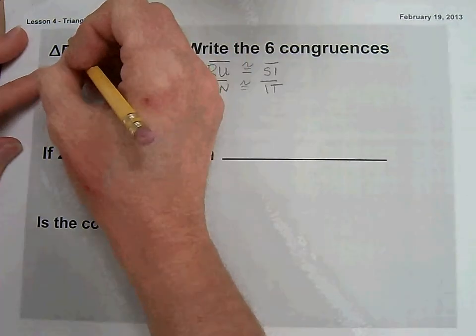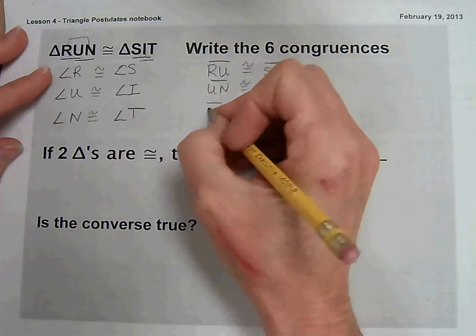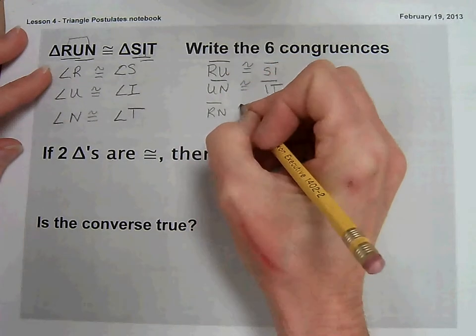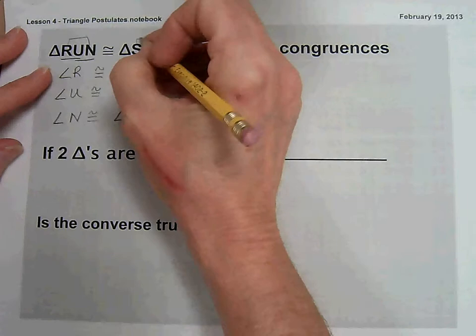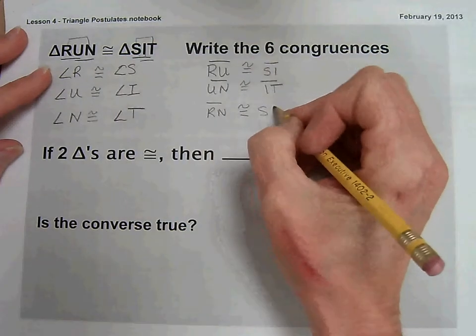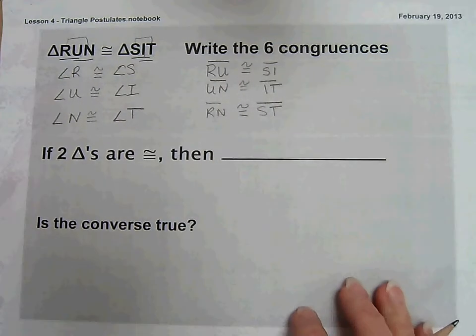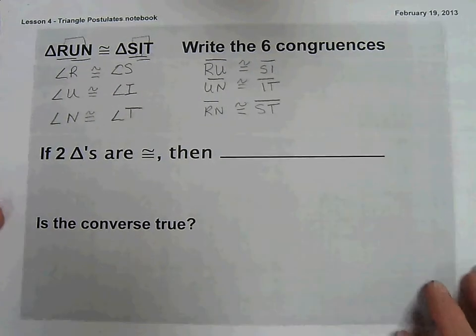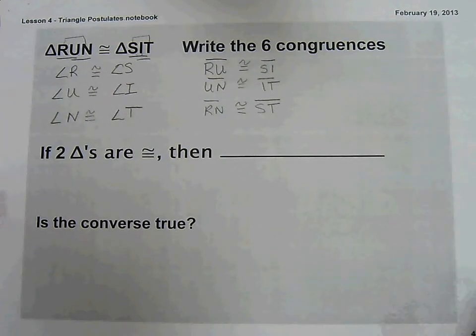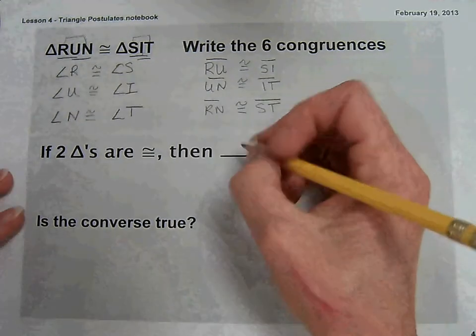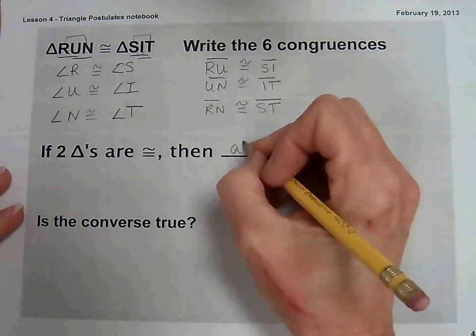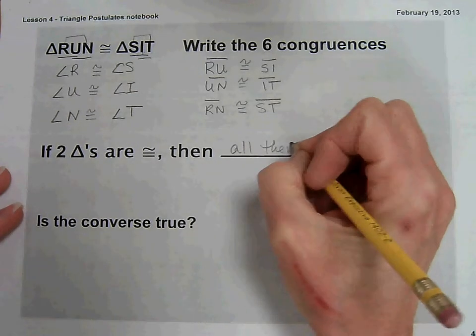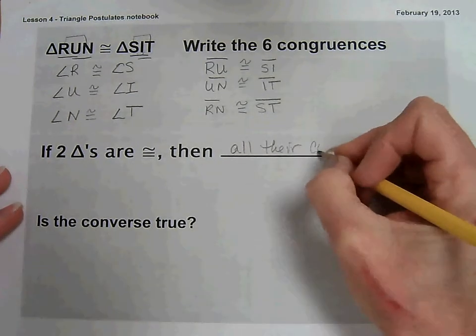And then finally we have segment RN is congruent to segment ST. And there are 6 congruent statements. So what do you think we could say? If 2 triangles are congruent, then all their corresponding parts must be congruent.